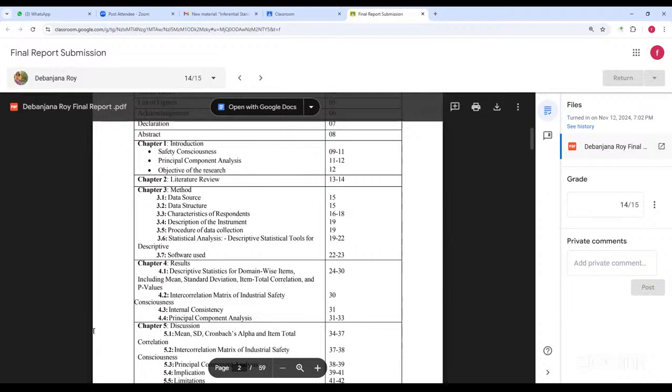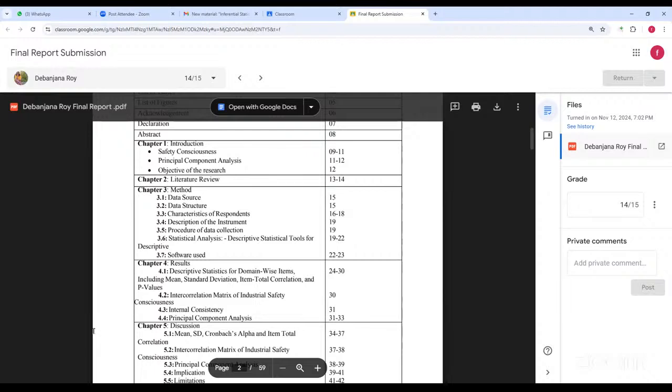Next is chapter 4, descriptive statistics for domain-wise items. And keep in mind that you will not use the mean, standard deviation, item total correlation, because your data is non-metric data. So you will focus on the frequency and percentage, chi-square.